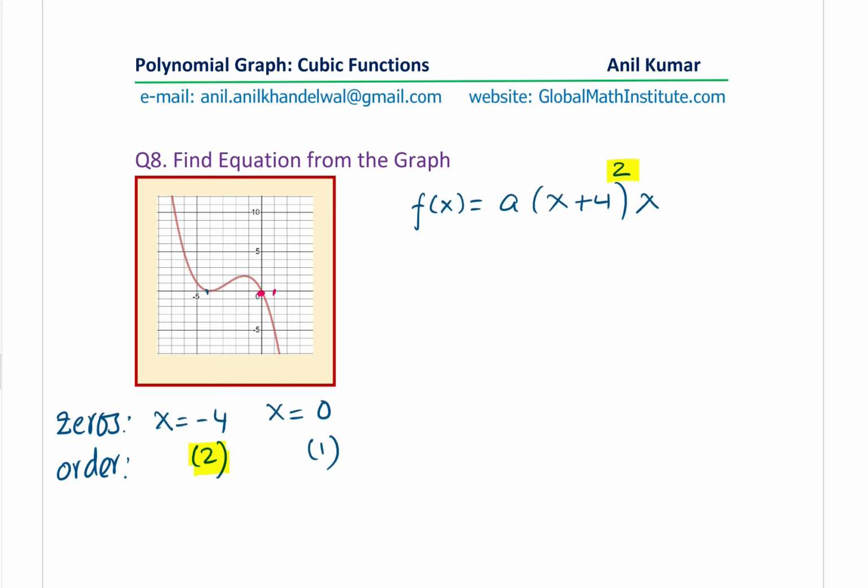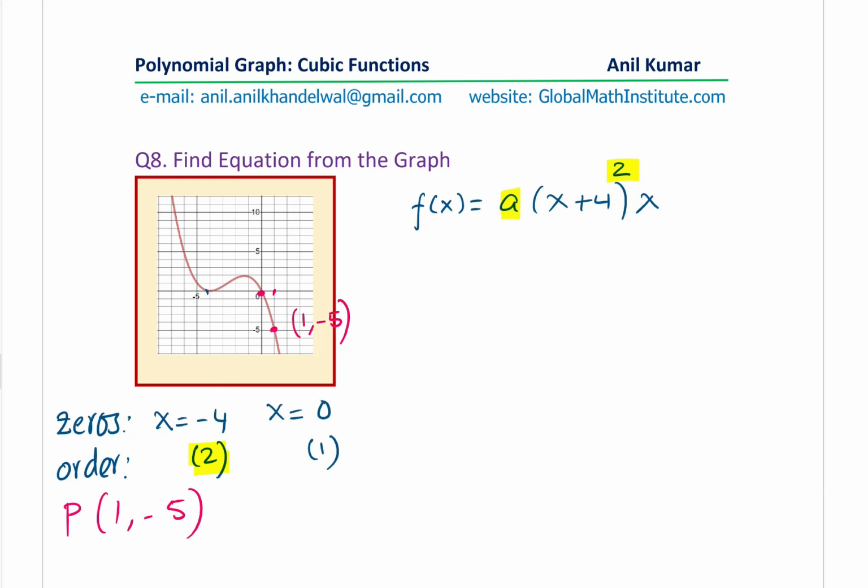Now the question is, how do we find the value of a? To find the value of a, we should look for a point on the graph which can be accurately read. On this particular graph, this point is a good point to consider, where for x value of 1, the y value is minus 5. Normally, that will be given to you. So we'll use this point, let's call it P, which is (1, minus 5), to calculate the value of a.